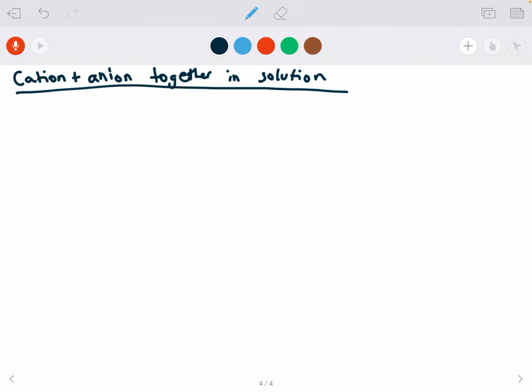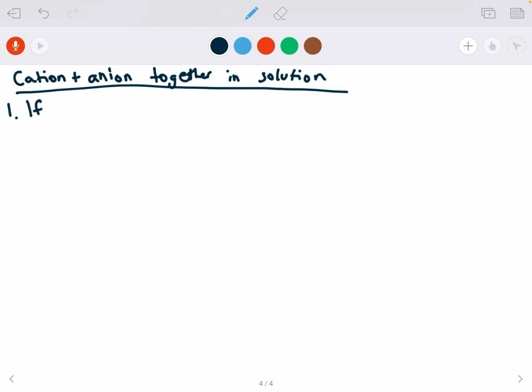Okay, so to wrap all this up then, I'm going to discuss what happens if you have a cation and anion together in solution. Because you always have a cation and an anion together. You can't make a solution of just chloride, like Cl minus ions. You have to have, for every negative charge you put in a solution, a positive charge too.